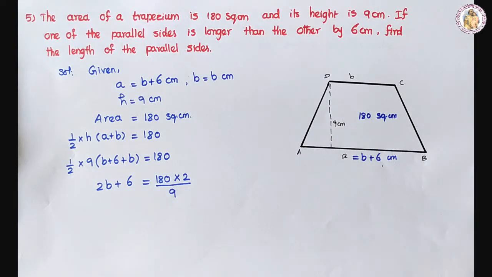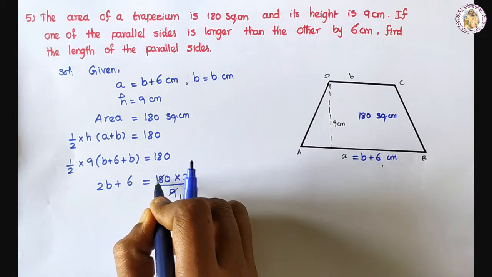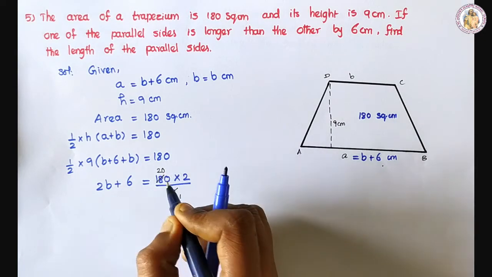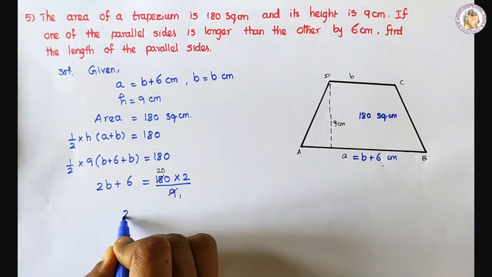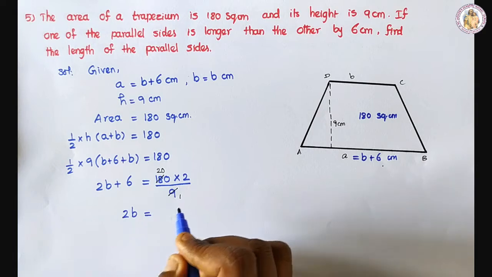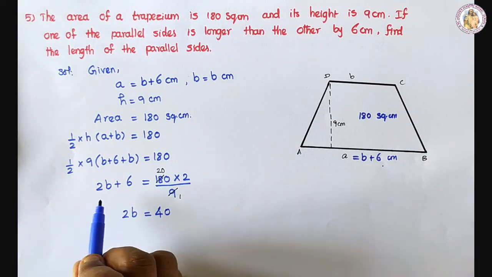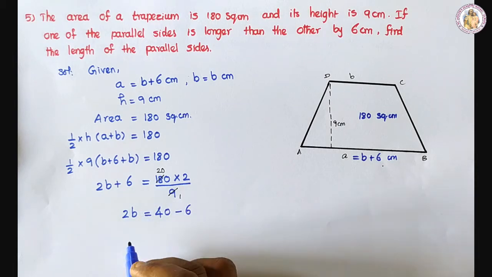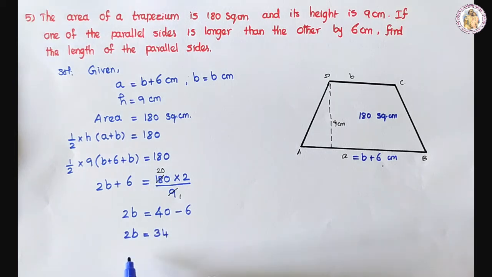So now the cancellation, 9 1 is 9, 9 2s are 18, put the 0. So 2B plus 6 equal to 20 into 2, 40, bring this side means minus 6. So we get 2B equal to 40 minus 6, 34.